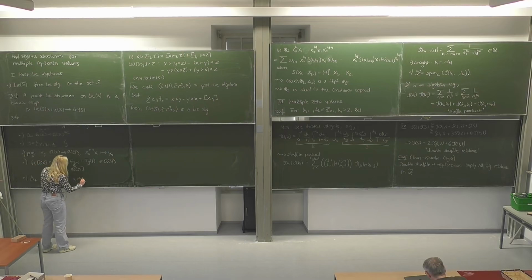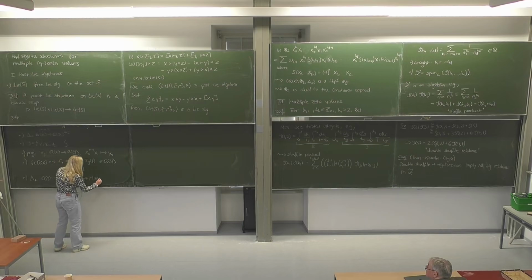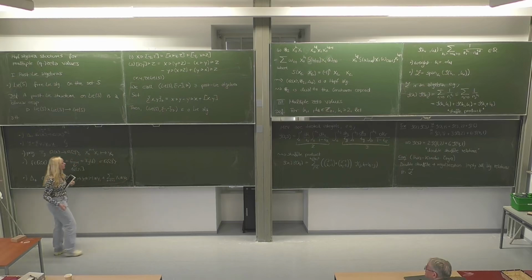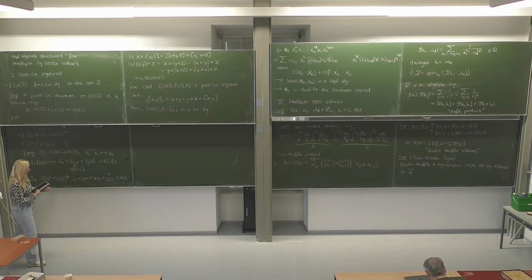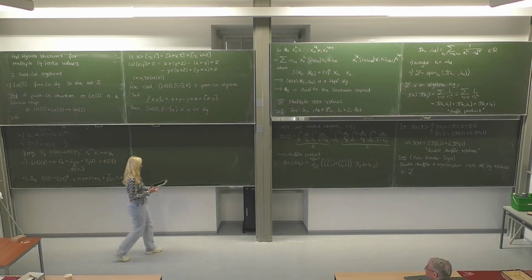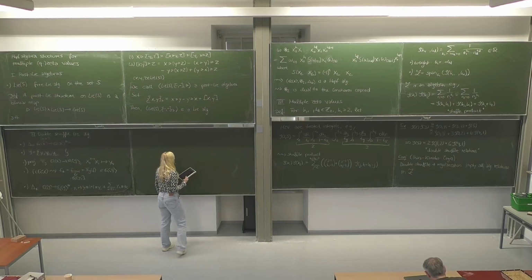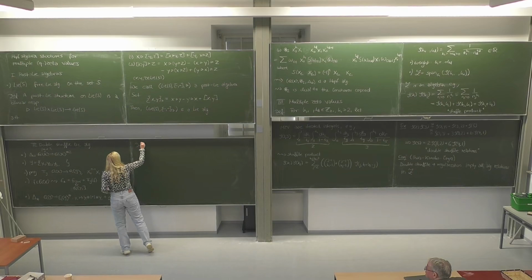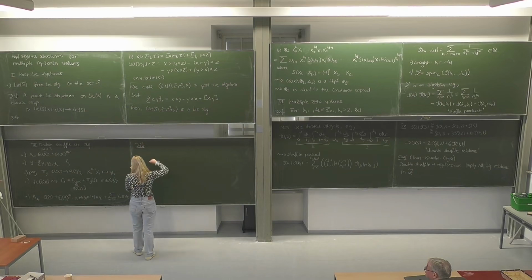On the letters, it also has the primitive part, and then I have some part where I have sums, and then it extends with concatenation. And these are really all the ingredients I need to define the Lie algebra.